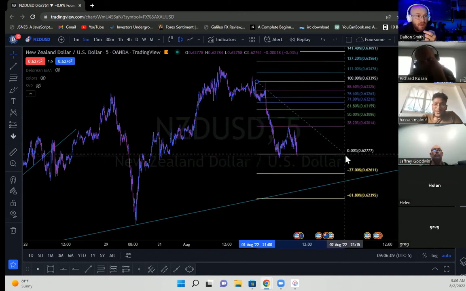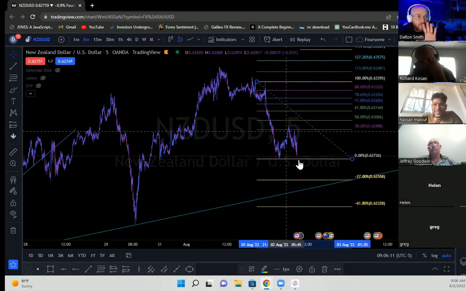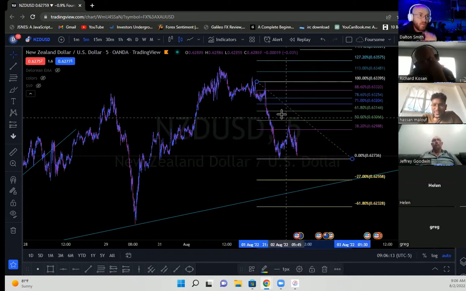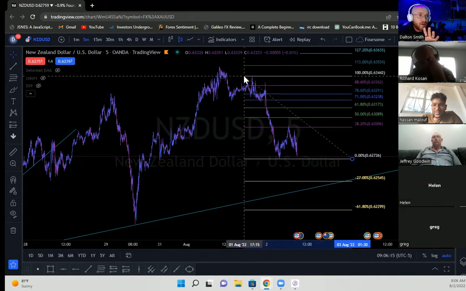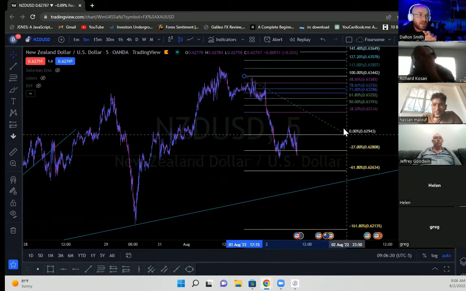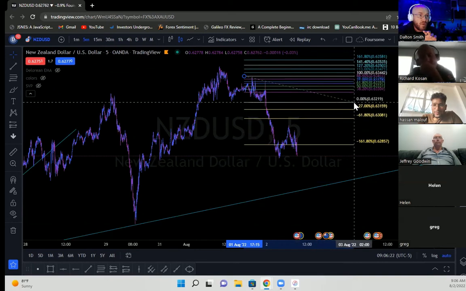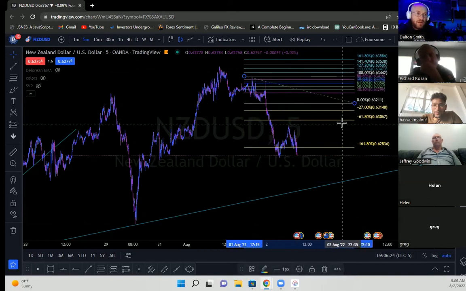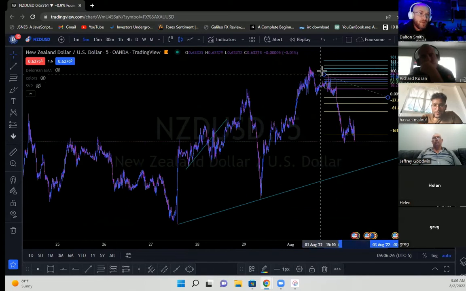So it's okay to move the Fibonacci till you find what is correct, because at some point everything is just going to line up, and then you follow that trend.